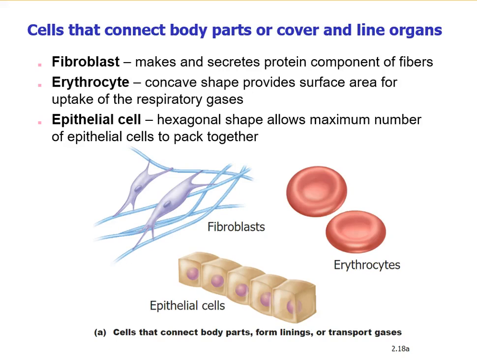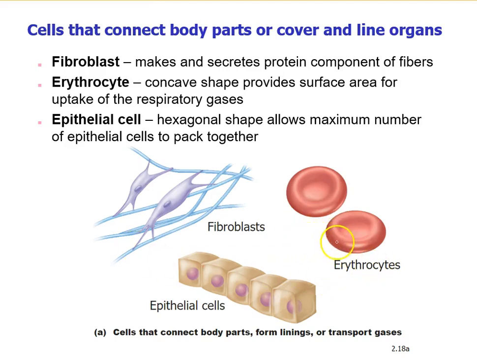There are some cells in our body specialized to connect body parts or cover or line organs. For example, the fibroblast. As you can see, it's a spindle-shaped cell. It is a cell of the connective tissue, specialized to make and secrete the protein components of fibers.